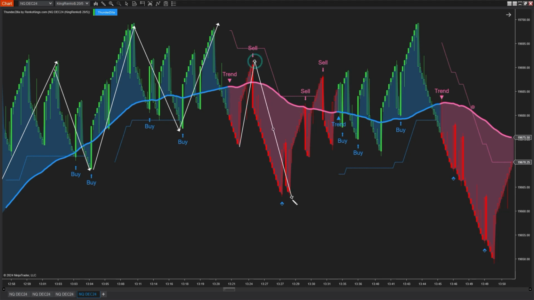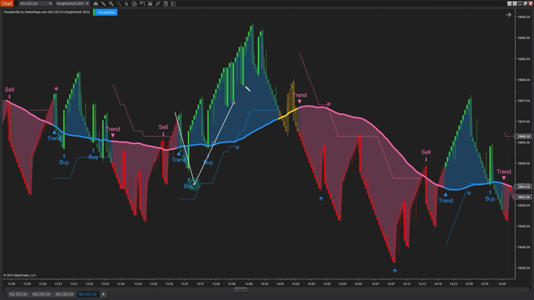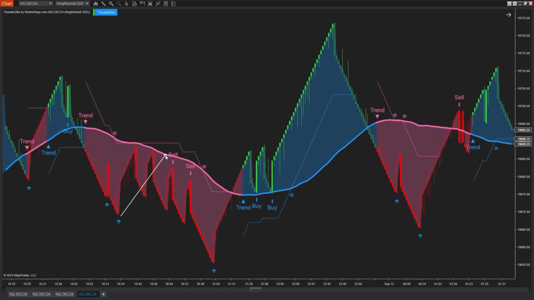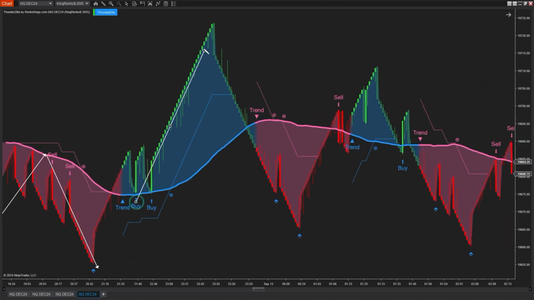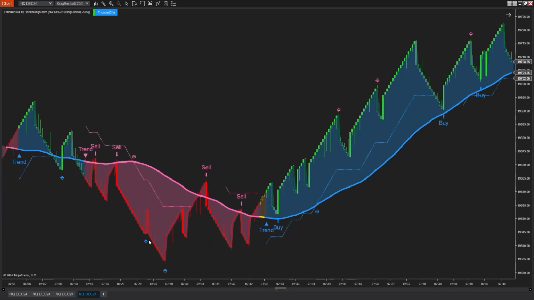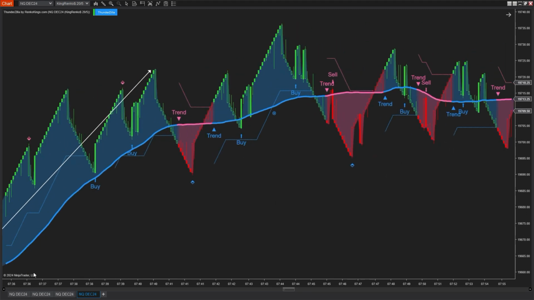With ThunderZilla, you're able to reduce the chances of getting caught in a bad trade or missing out on a good one. You're not stuck reacting to the market after the fact. Instead, you're getting a heads up right at the crucial point where the retracement ends and the trend resumes. That's the kind of timing that can really give you an edge in your trading.